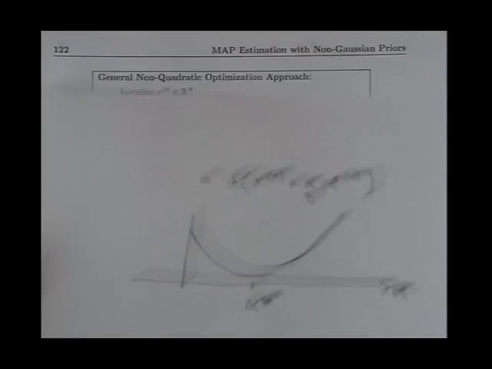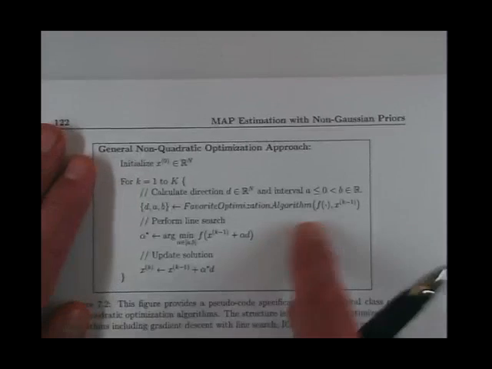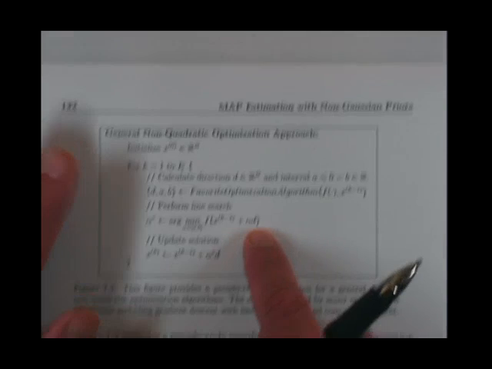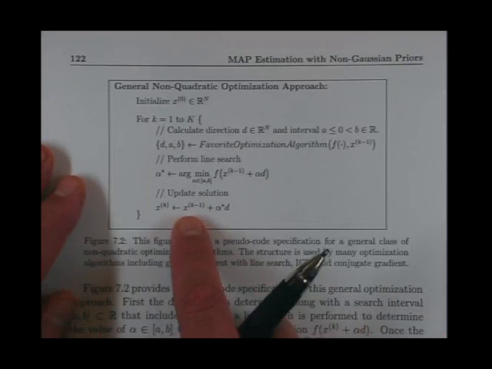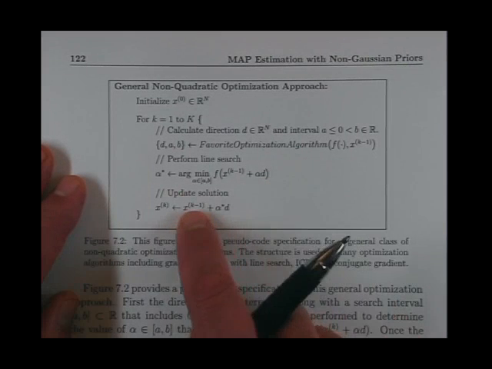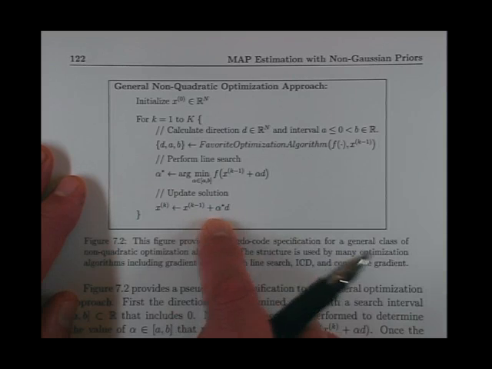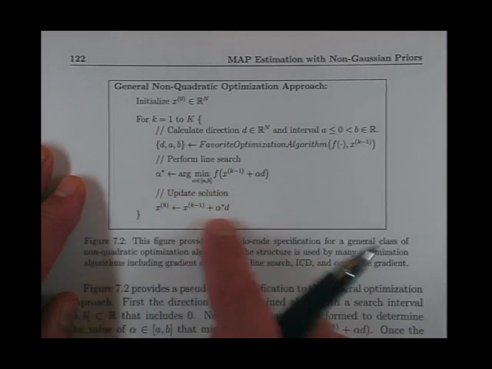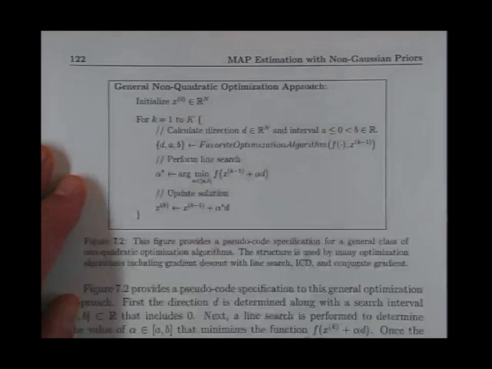So the basic strategy here is you find the direction to do the minimization, you solve the line search function, and then once you solve the line search, you update the state by adding the determined amount alpha star of the motion in that direction, right? And then you just keep repeating this.